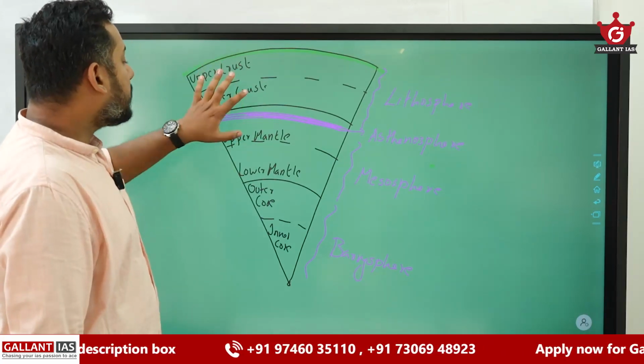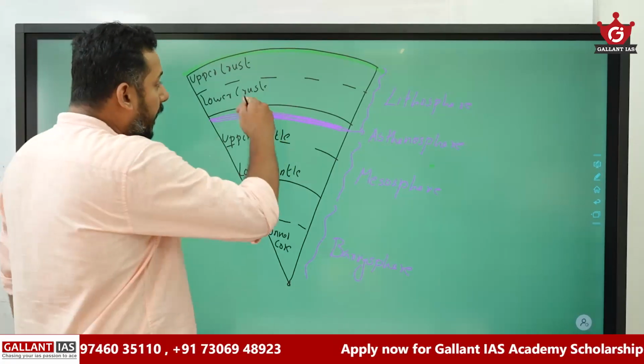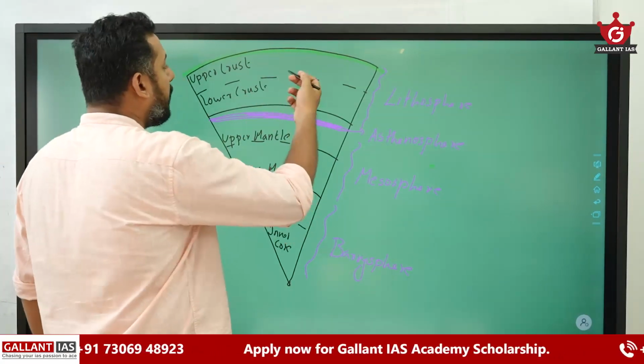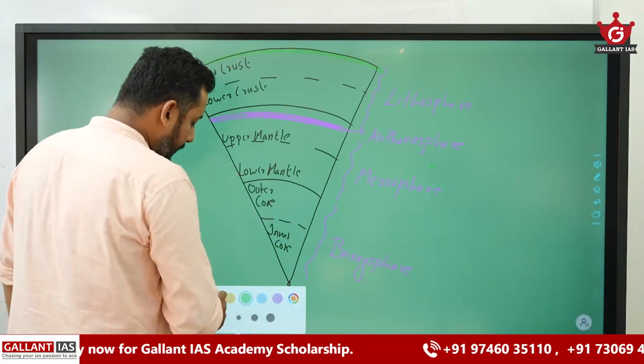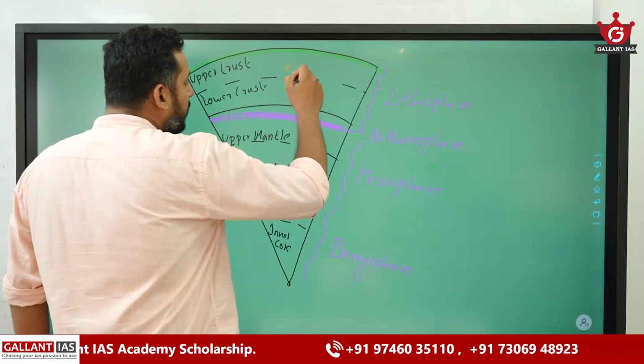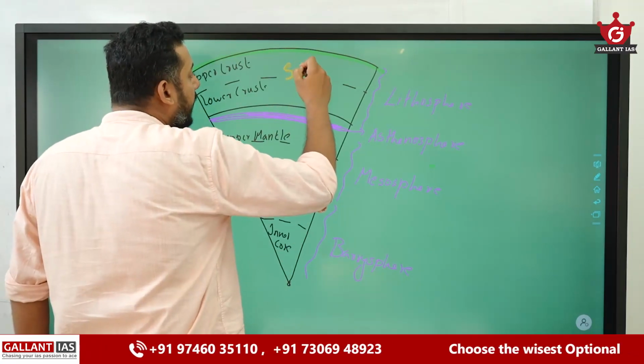Now, if you look at the crust, mantle, and core, they have some other names also. The upper portion of the Earth's crust is usually called sial, S-I-A-L.